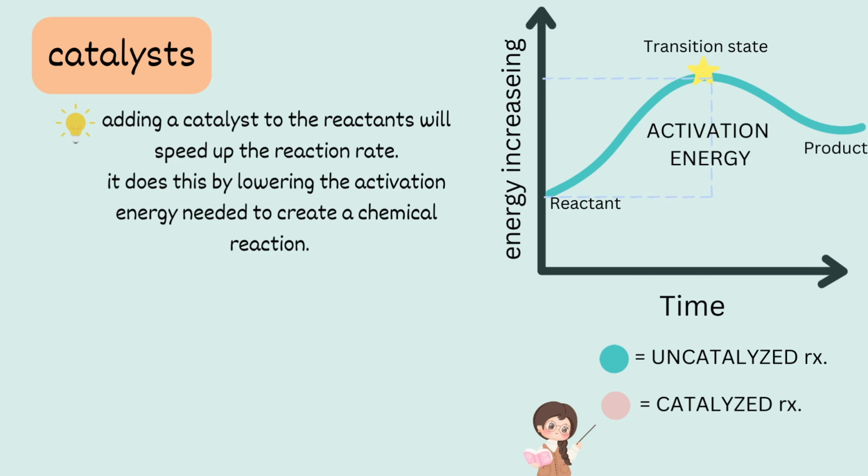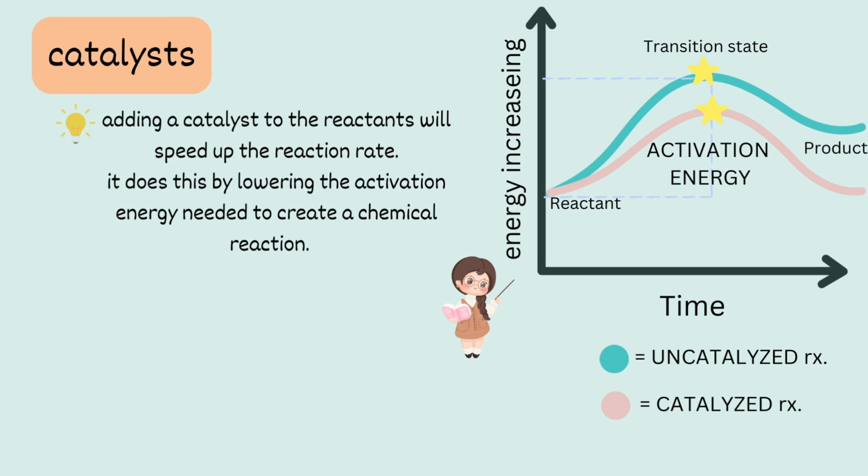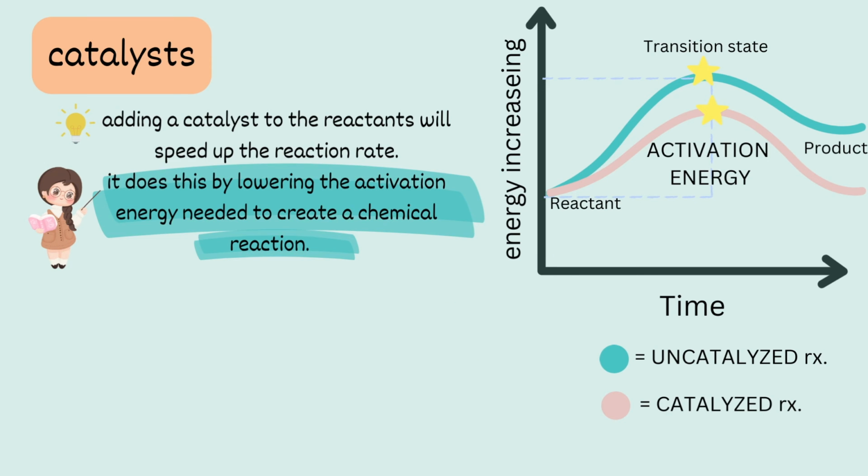Notice the pink catalyzed reaction has a lower activation energy, meaning it will take the reactant less time to reach the transitional state and become products. That is how a catalyst speeds up a chemical reaction. It does so by lowering the activation energy.